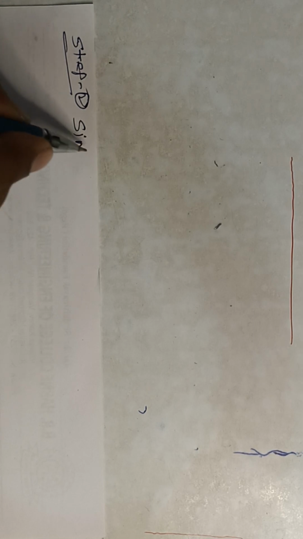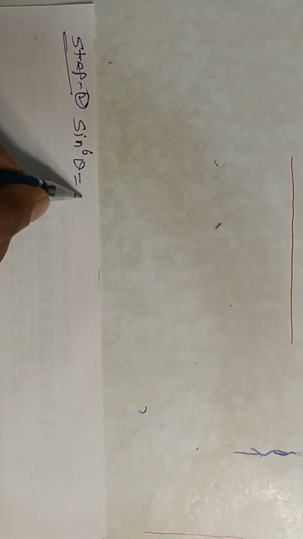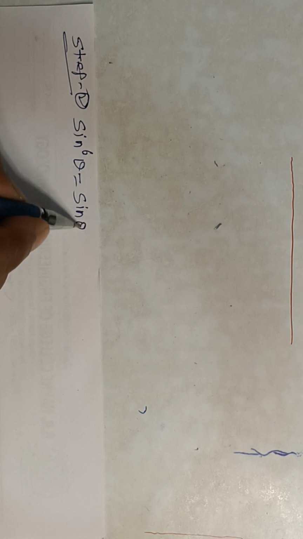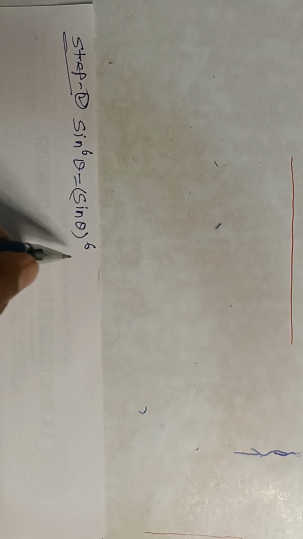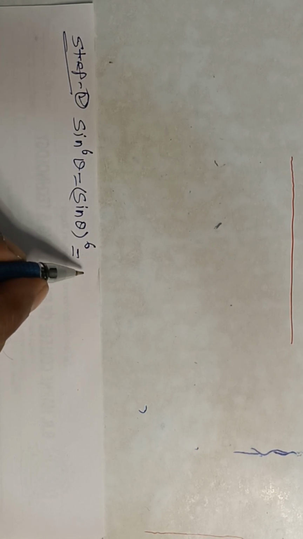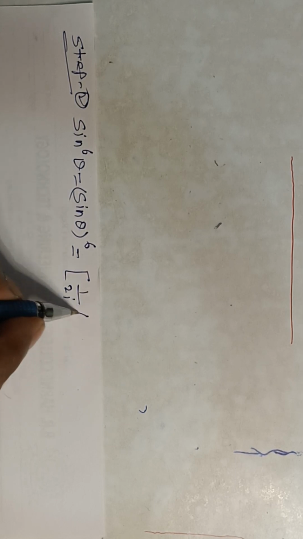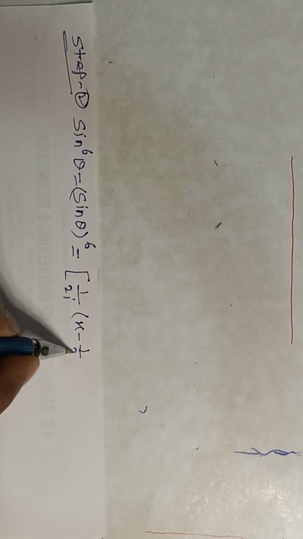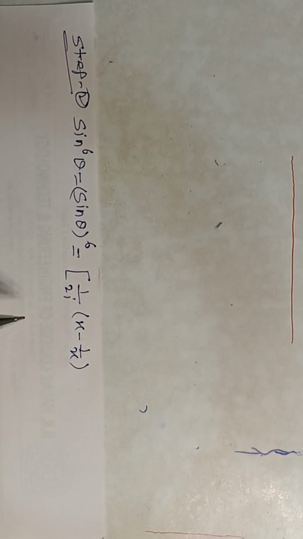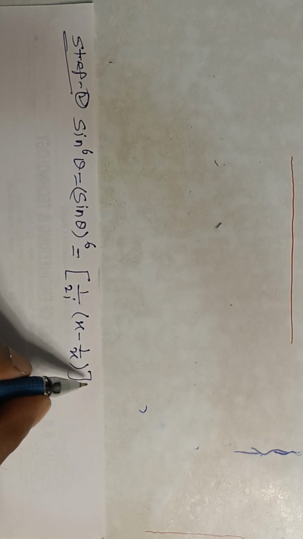Sixth power of sin theta is sin theta to the power 6, which is equal to, sin theta is nothing but 1 upon 2i into x minus 1 upon x, where x is cos theta plus i sin theta, its power 6.